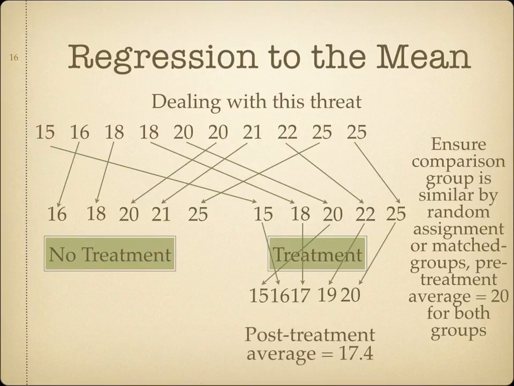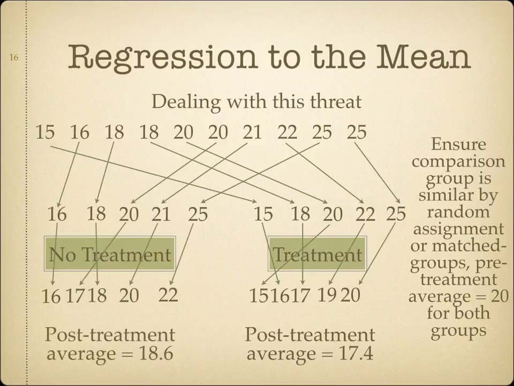We have exactly the same outcome we did before. The 25 goes down to 20, the 22 to 19, the 20 to 15, the 18 to 17, the 15 to 16. And the no treatment group comes in at 18.6.